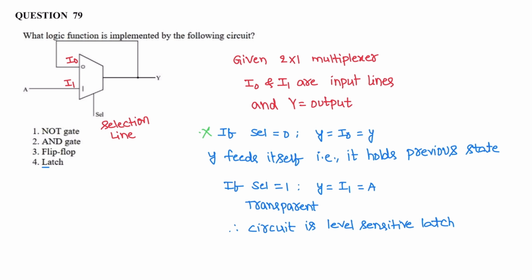If the selection line is 0, output line Y is equal to I0, so Y only holds its previous state. If the selection line is 1, output Y is equal to A, so it is transparent and the input follows the output. Therefore, the circuit is a level sensitive latch. Correct answer is option 4.